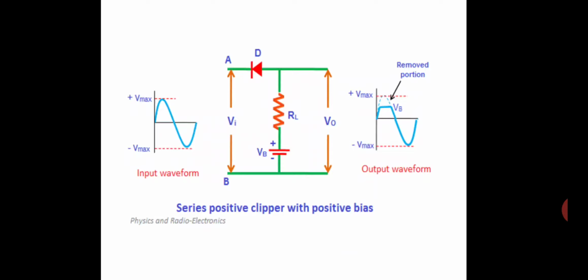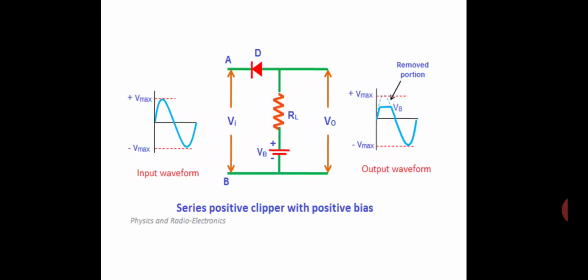In the negative cycle, the diode is forward biased. Battery VB is also connected to forward bias the diode. So whether input Vi is greater or VB is greater, it does not matter. In both conditions, the diode is forward biased and the output is received, up to the input negative Vmax.